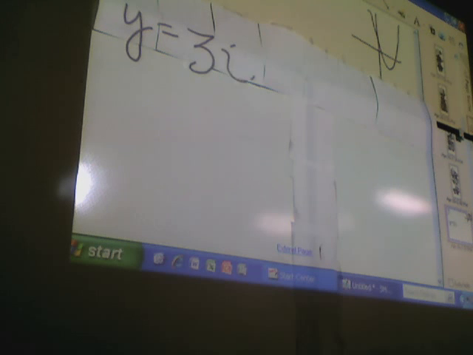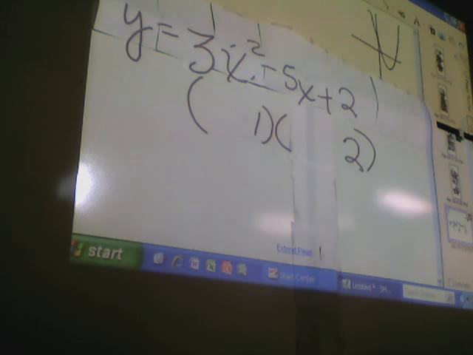Y equals 3x squared minus 5x plus 2. 2 we know can only be 1 times 2. So it shouldn't be too bad. 3 is 1 times 3. So we have to decide where to put them.